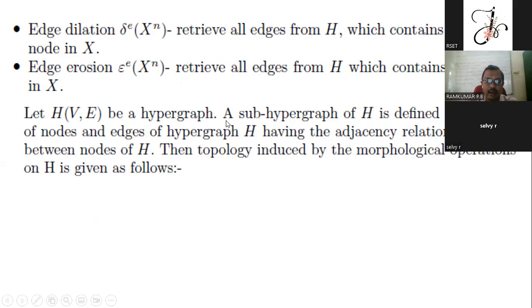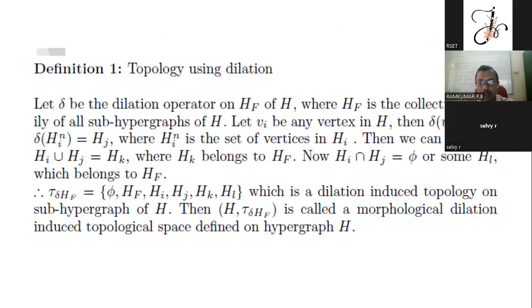So here, just as in the case of a graph, we can define a sub-hypergraph H of V, E. And corresponding to that, if you consider this collection of sub-hypergraphs, that forms a topological space. So how can we define the underlying topological space using sub-hypergraphs? For that, we are using the definition using dilation and erosion on these sub-hypergraphs.